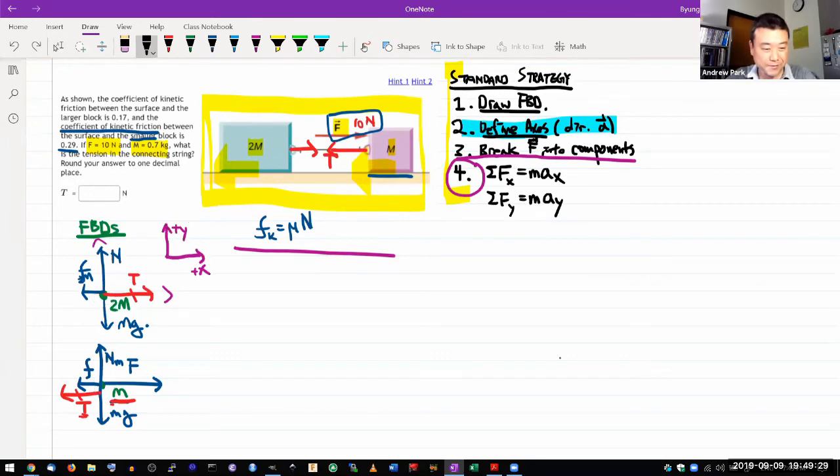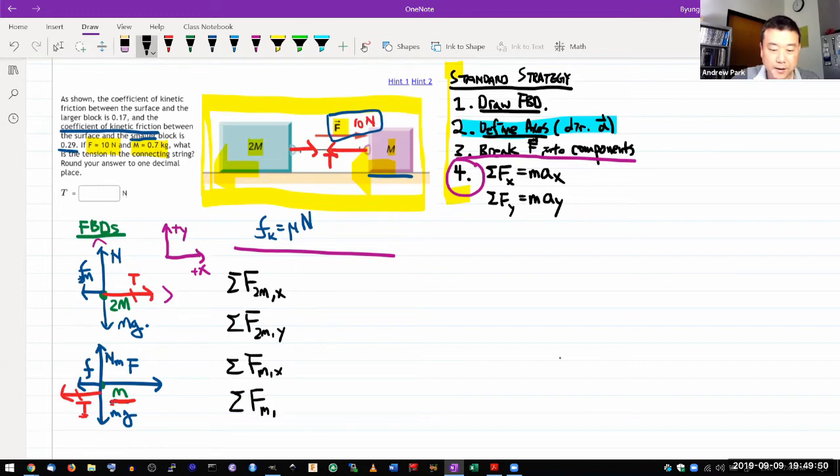So let me first write it all down. So net force for 2m in the x direction, that's 1. Net force for 2m in the y direction, that's another. Net force for smaller block m in the x direction, and net force for smaller block m in the y direction.